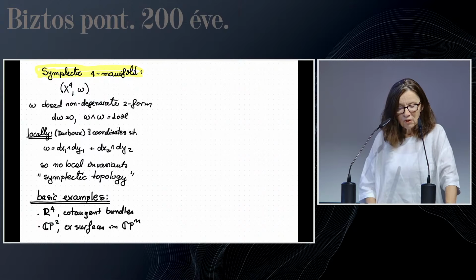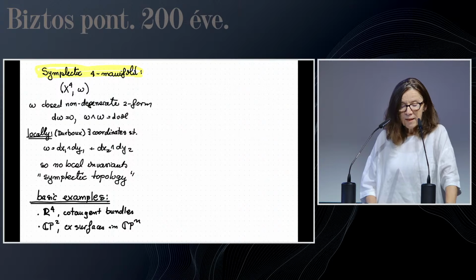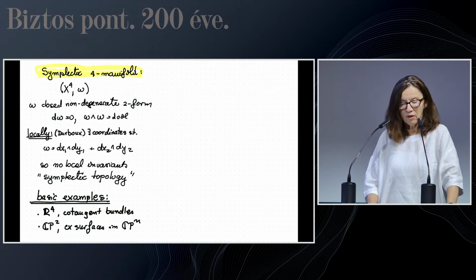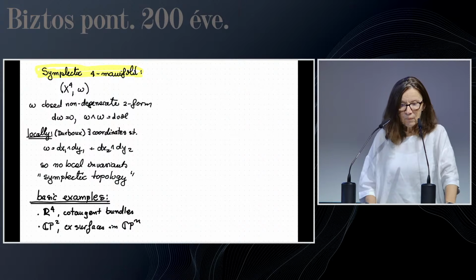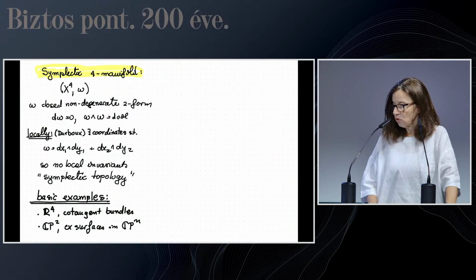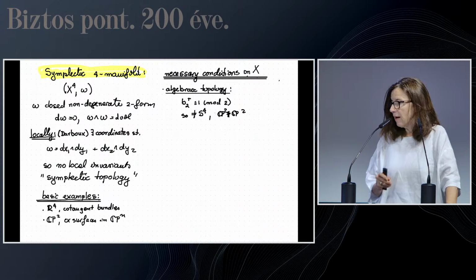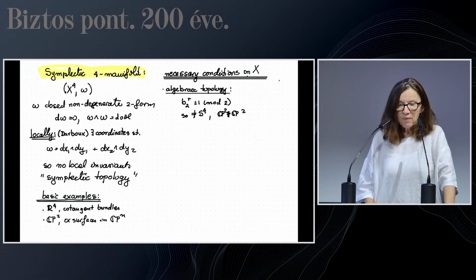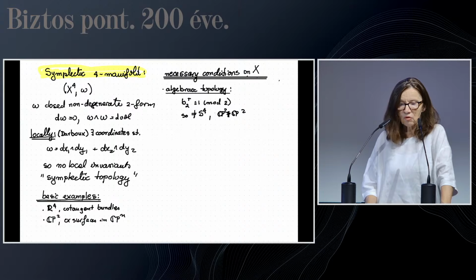Basic examples are R^4 with the form up there, cotangent bundles to surfaces, CP^2, and any complex surface in CP^N that will inherit the symplectic structure from CP^N.